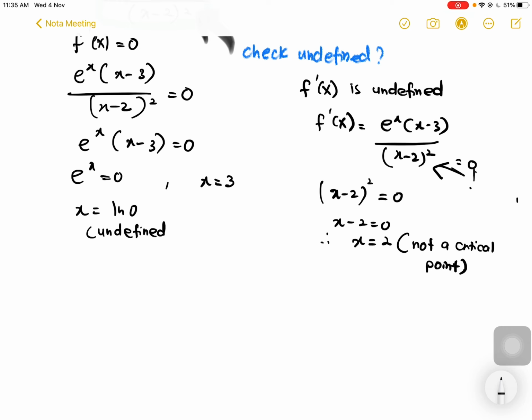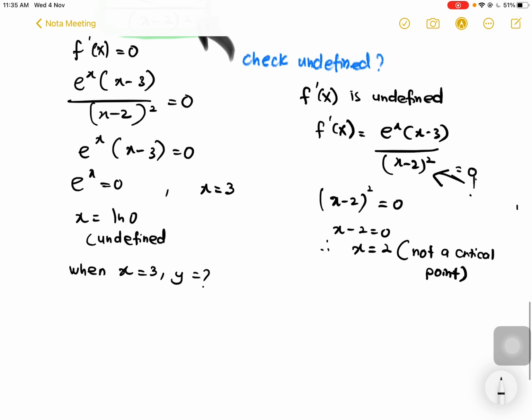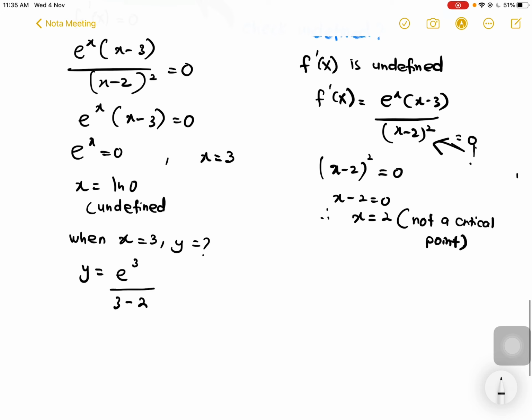Going back to where we found x equal to 3. When x is equal to 3, you have to find y. You substitute into your original equation, so y is equal to f of x, which is e power of 3 over 3 minus 2. So your y is equal to e power of 3.